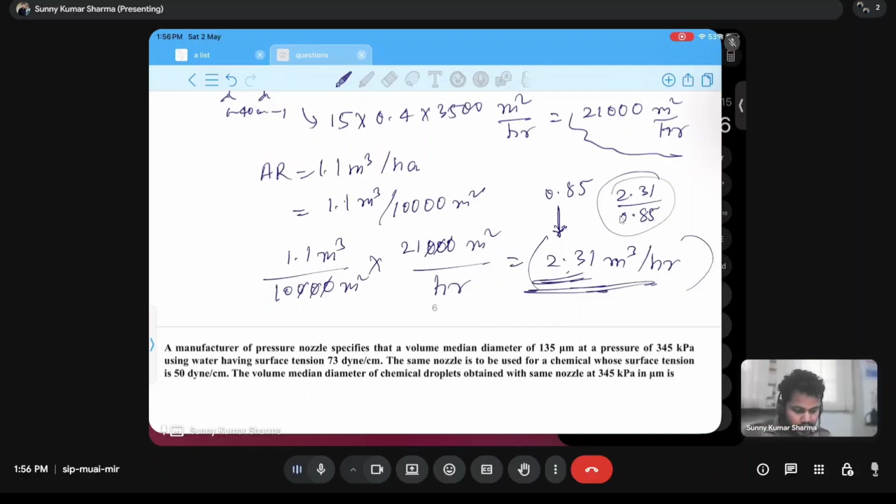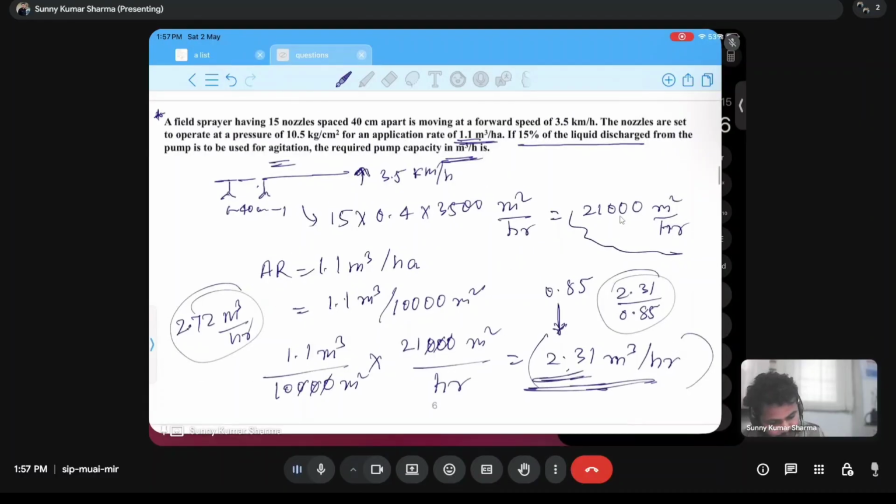You do this division, it is 2.72 meter cube per hour, which is the answer. So what is the pump capacity in meter cube per hour? It will become 2.72 meter cube per hour.